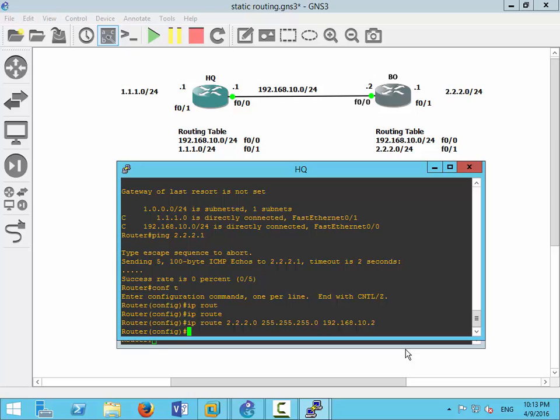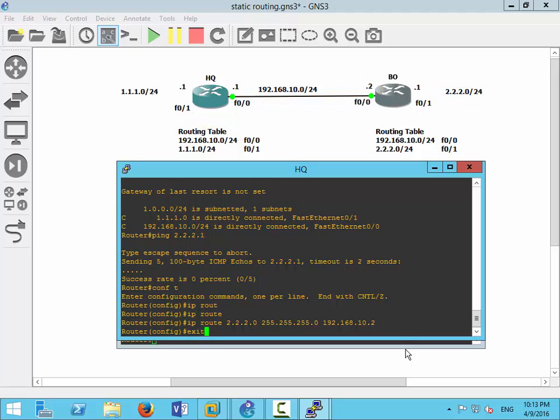Let me break it down for you. 2.2.2.0 is the network we want to reach. 255.255.255.0 is the subnet mask of this network. 192.168.10.2 is called the next hop IP address. It's the IP address where we want to send traffic to. In this example, that's the branch router IP address. So here, I'm telling the HQ router that it can reach network 2.2.2.0 by sending traffic to IP address 192.168.10.2, which is our BO router.